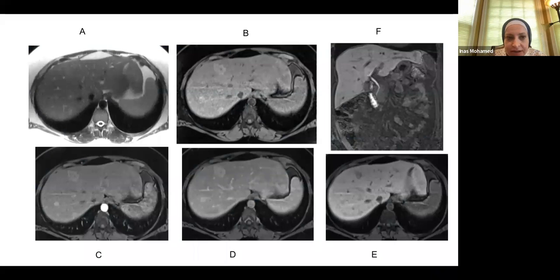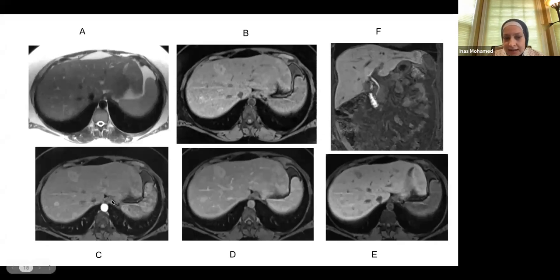This is the other case here. So we are talking about these lesions there, if you can see that. So this is a T2 non-fat SAD. This is T1 fat SAD pre-contrast.